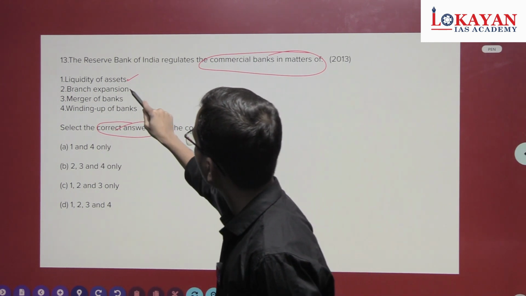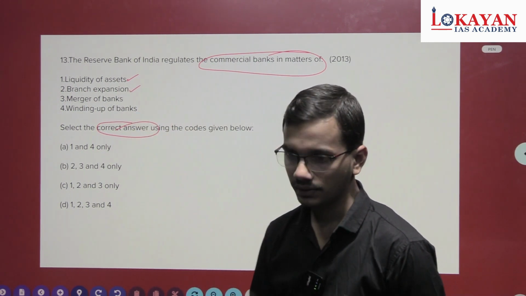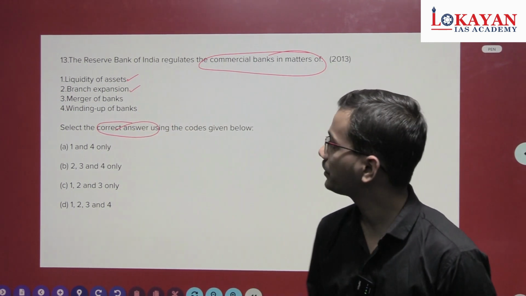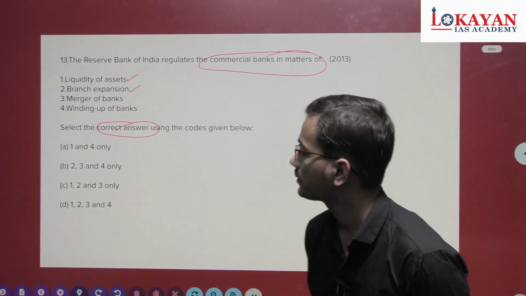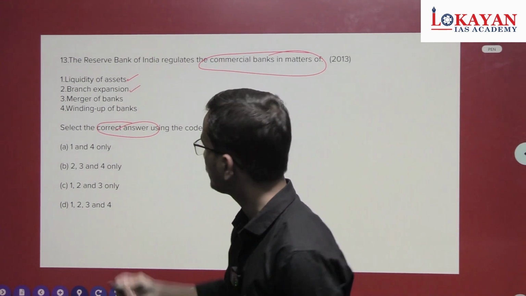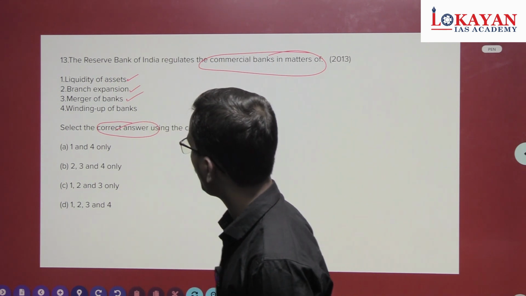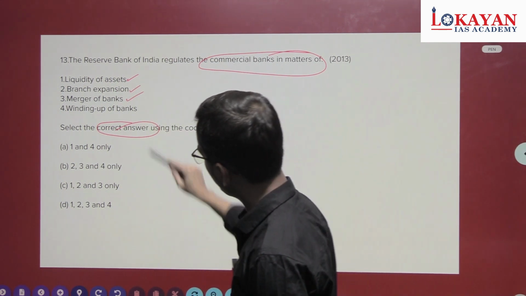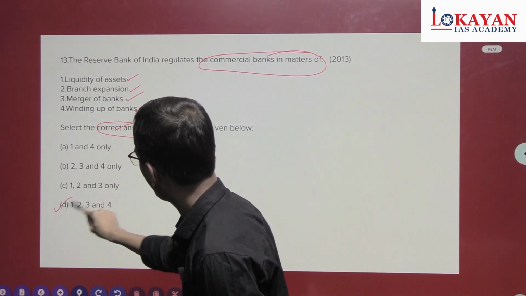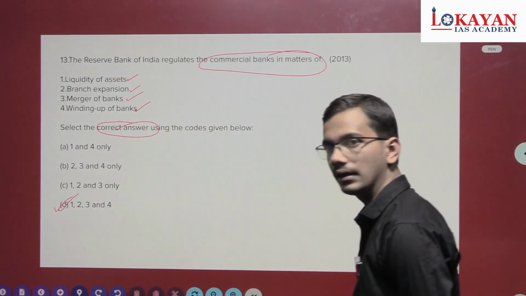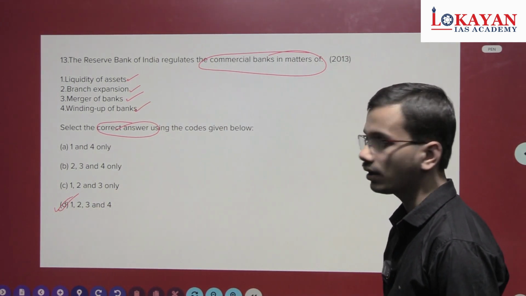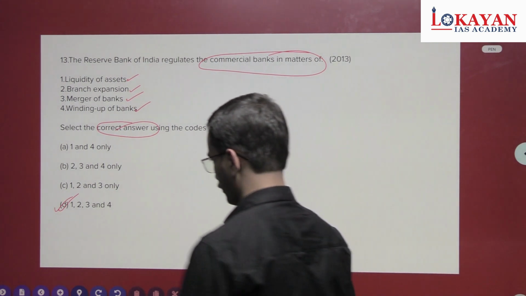Branch expansion, correct. RBI has issued various circulars regarding branch expansion. Merger of banks, correct, because RBI approval is needed. Winding up of banks, also correct. 1, 2, 3, 4 is the correct answer. Let's move to next question.